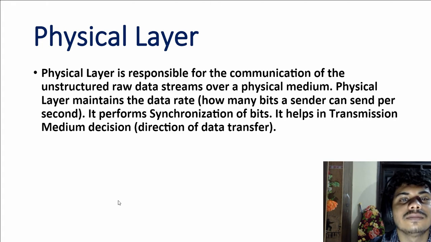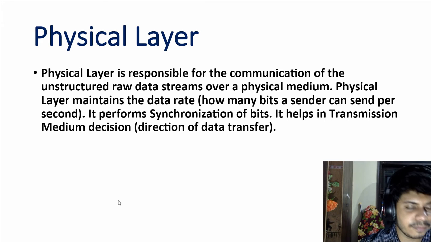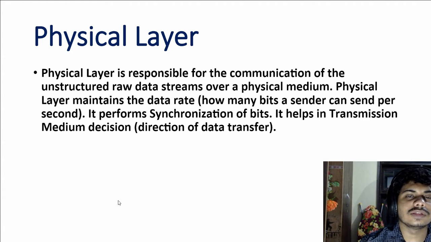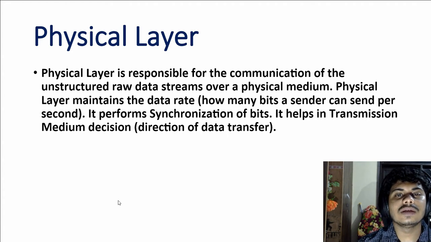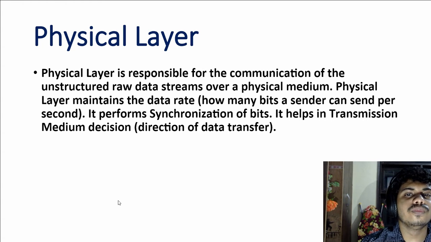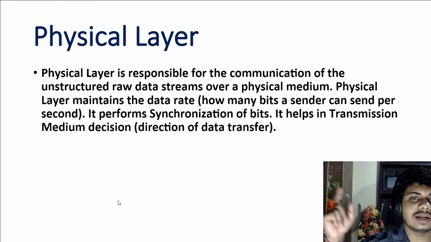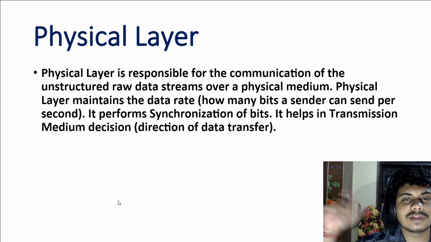Our last and the seventh layer is the physical layer. What is the main purpose of the physical layer? The physical layer is responsible for end-to-end communication. It is responsible to deliver the data to the other physical layer of the receiver.